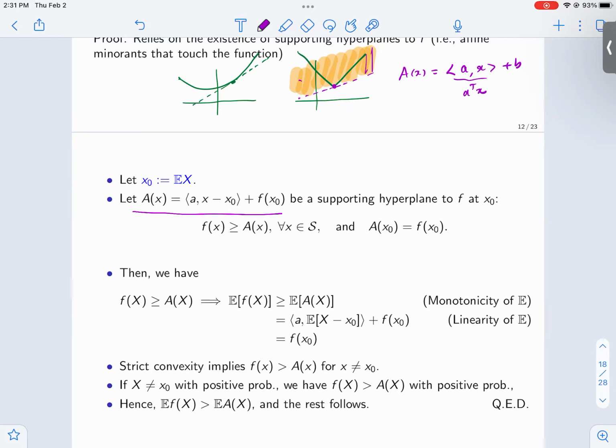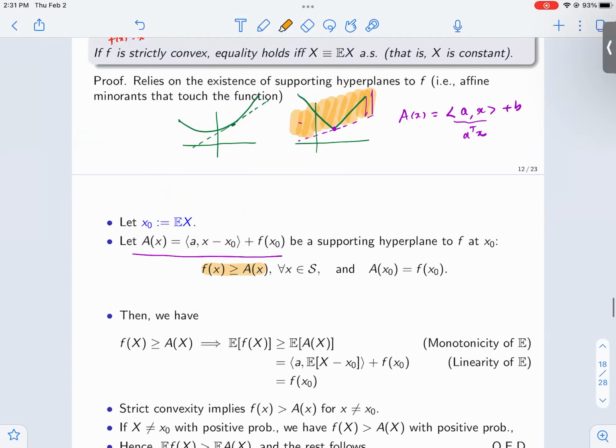And there's going to be some a that I can choose that's going to be the normal to this hyperplane, such that when I vary this a, I can find an a such that the function is entirely to one side. For example, I can make sure by choosing a properly that f of x is always bigger than a of x.